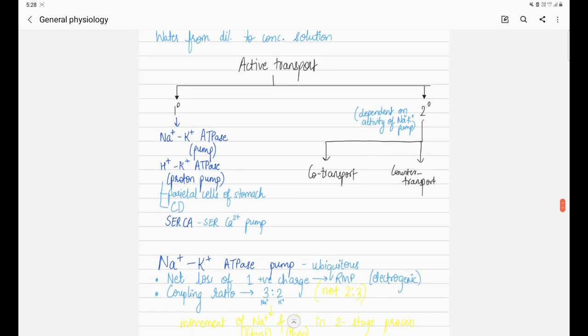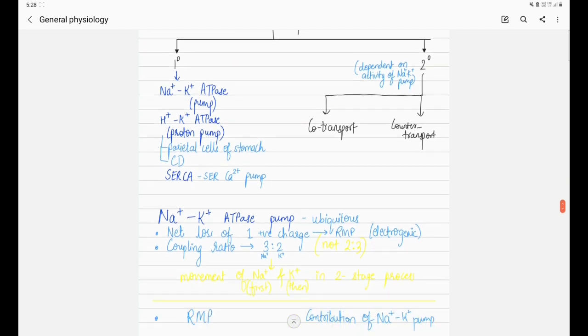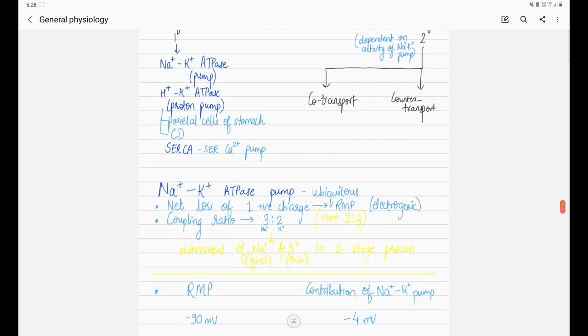Let's see the sodium potassium ATPase pump in a bit more detail. It is ubiquitous, that is, it is present in all cells. Net loss of one positive charge occurs through it. What is the actual thing happening? Three sodium ions move out of the cell and two potassium ions move into the cell.